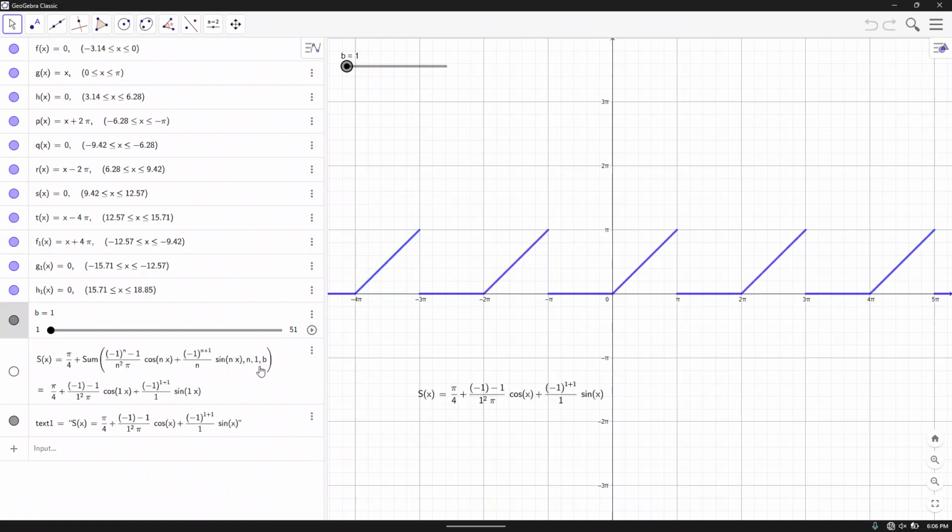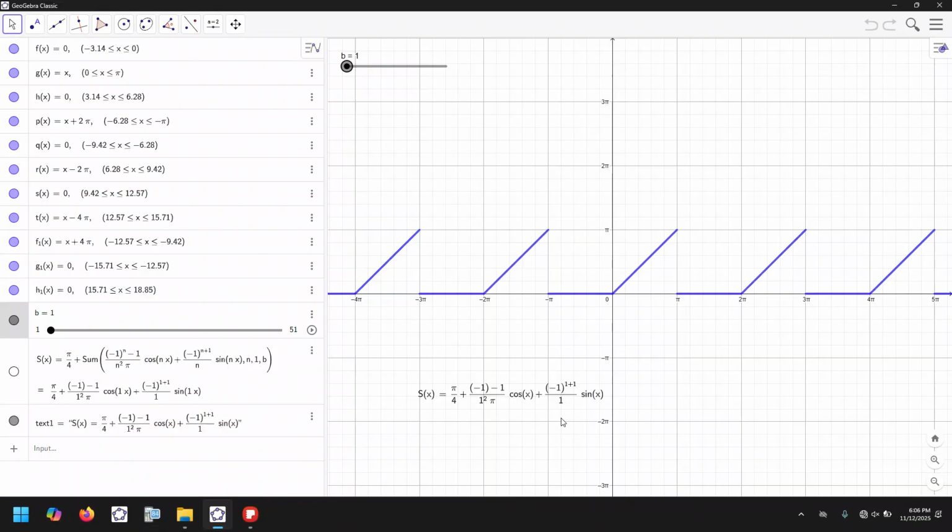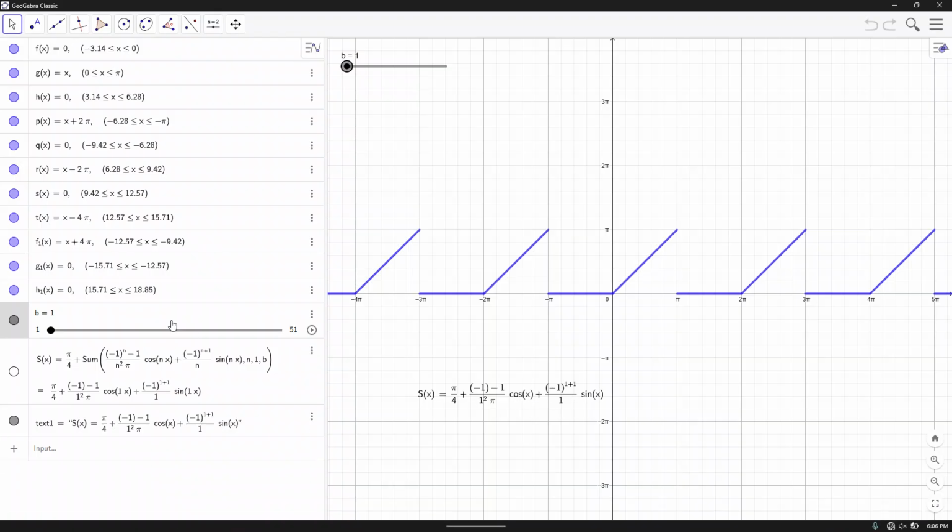What's b? The upper limit, which will be the number of terms we add to the series. Actually, we already computed n equals 1. That looks like a number plus some coefficient times cosine plus another coefficient times sine. That should look like a sine wave, like this.